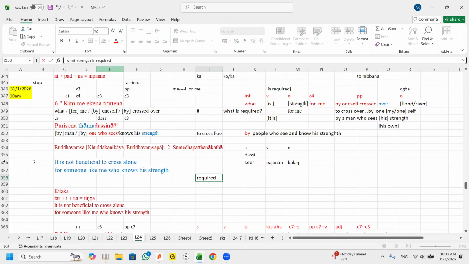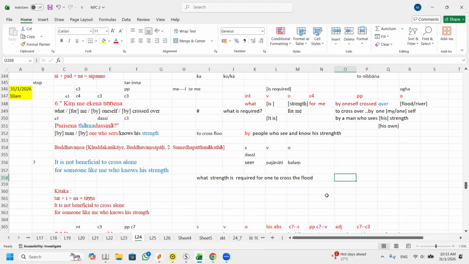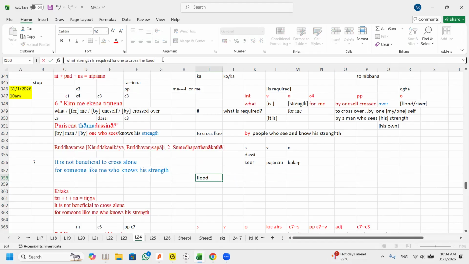Here, this is an instrumental. In this case, I change it to ablative: to cross the flood. You see, when you translate, you cannot follow it one-to-one. What is the strength? What strength is required for one to cross the flood? So this should be the translation.